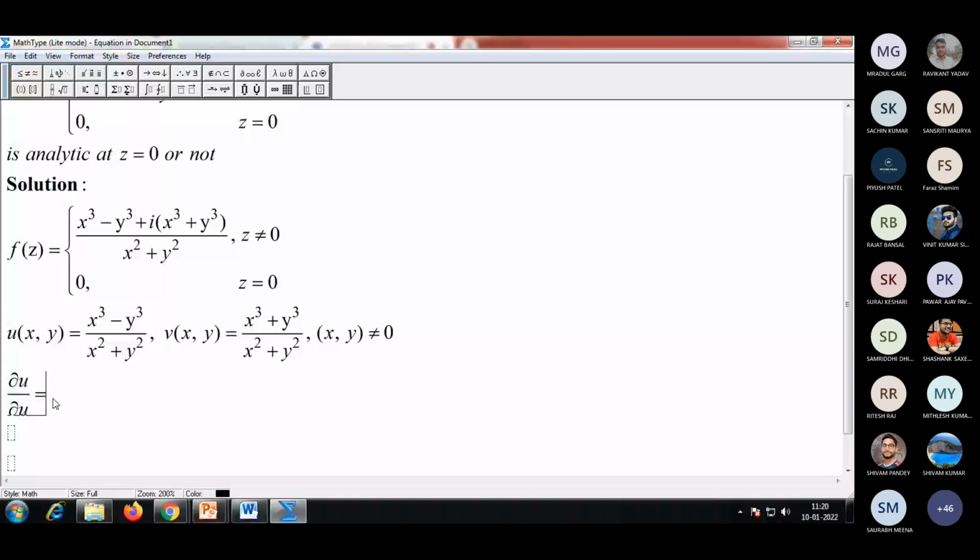So f we find del u by del x as limit delta x tends to 0.